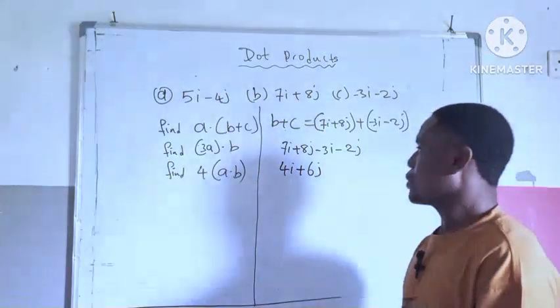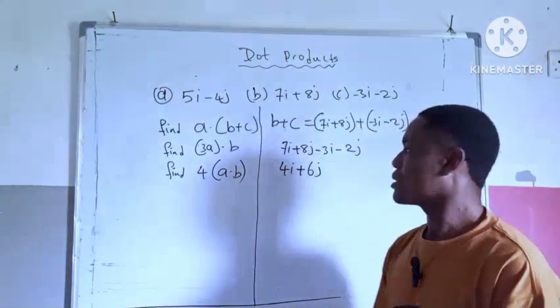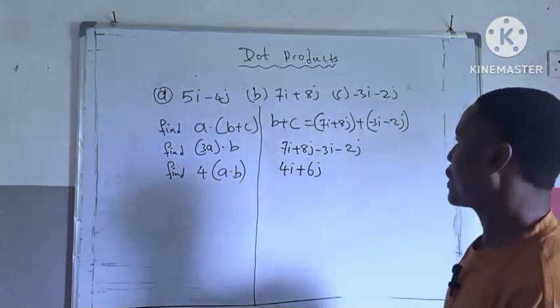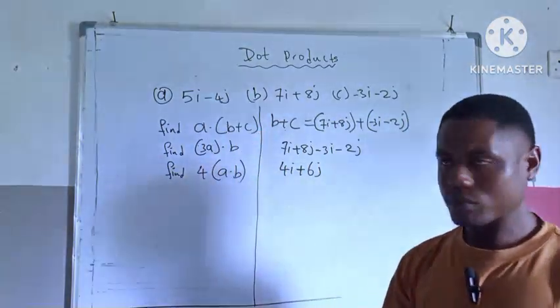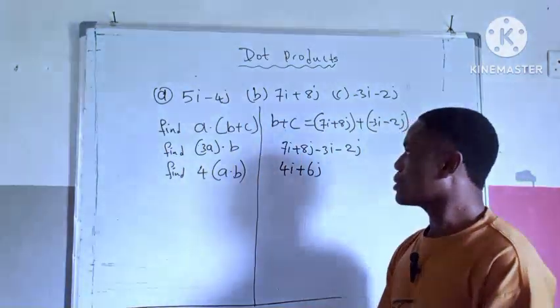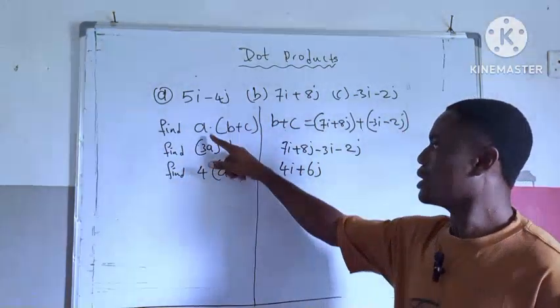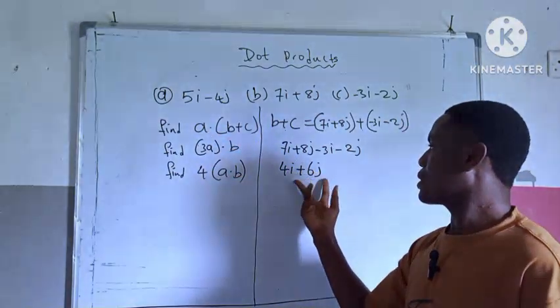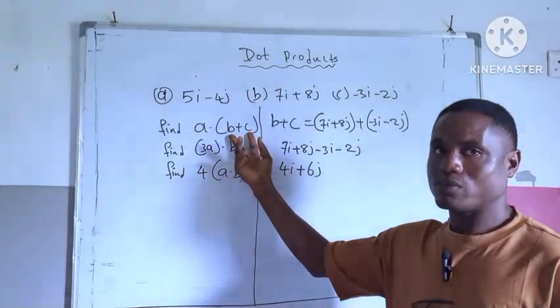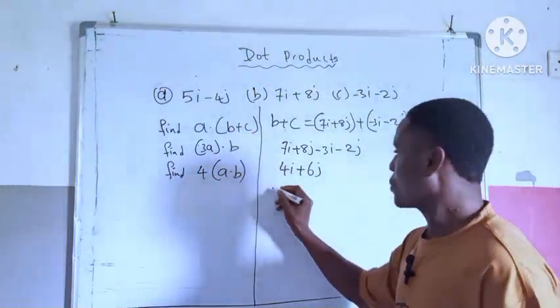So we are done finding the addition of b and c. So 4i plus 6j is the value of this addition. Are you getting it?